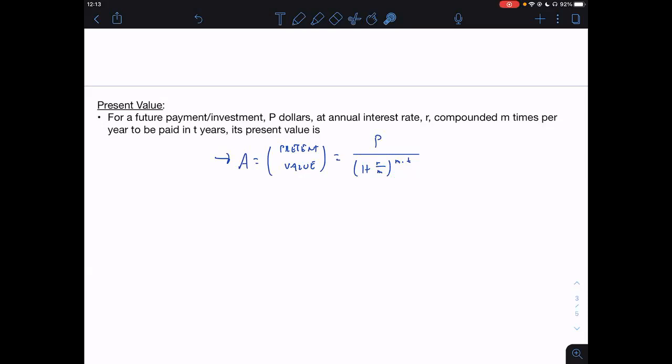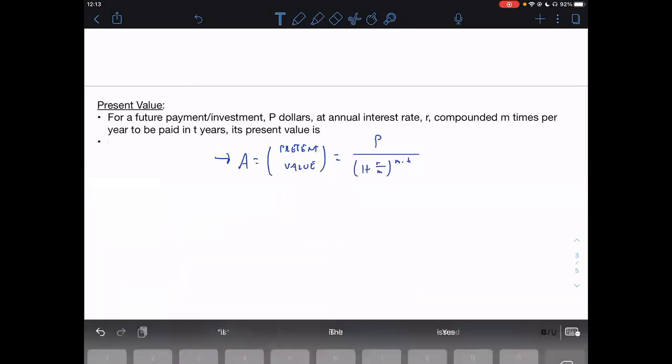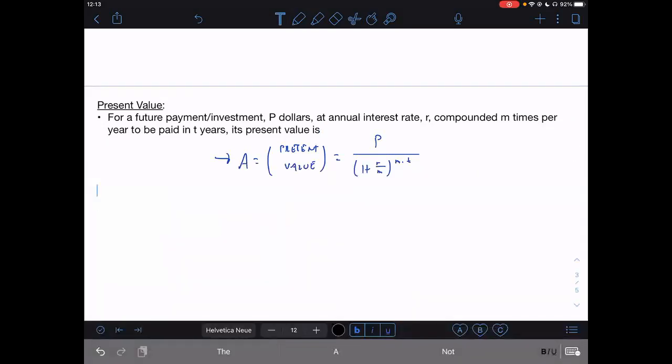All right, so just a few notes here. Again, P in this case, instead of the initial principal, is going to be representing our future amount, our future value. R is still representing our annual interest rate, again, keyword being annual.